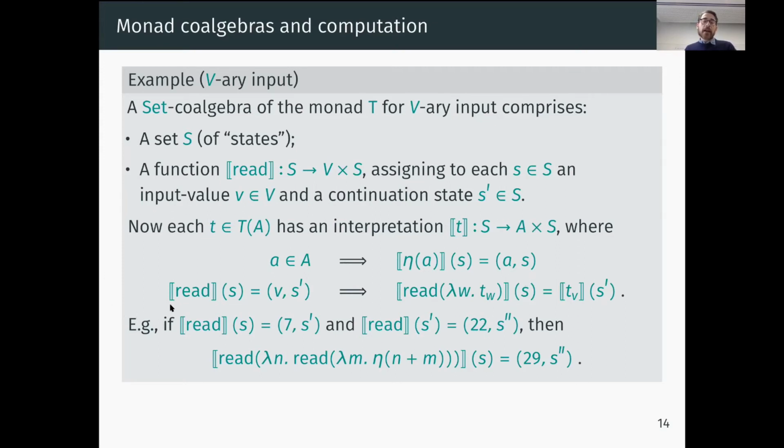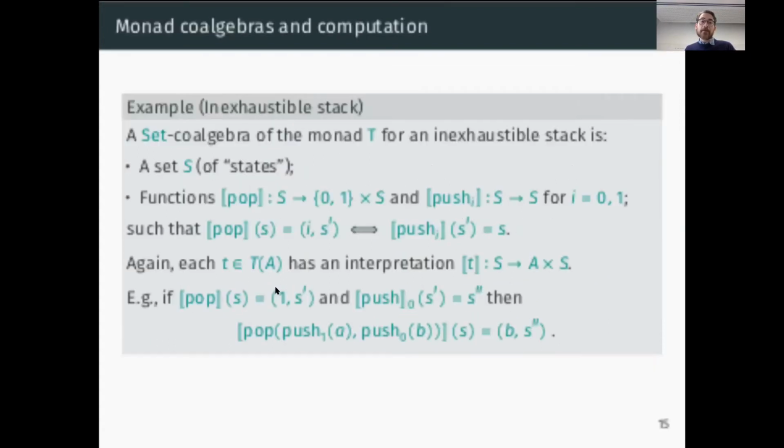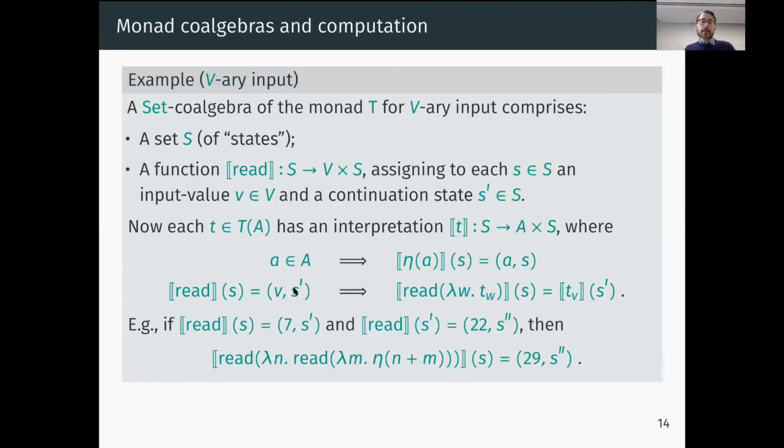Well, the way I do that is, first of all, I apply this basic operation read to my state S, and it returns a value V and a new state S prime. Then to run this program on the right, starting from state S, I set this W to be equal to this V that I got over here, and then I evaluate T of V from this new state S prime.